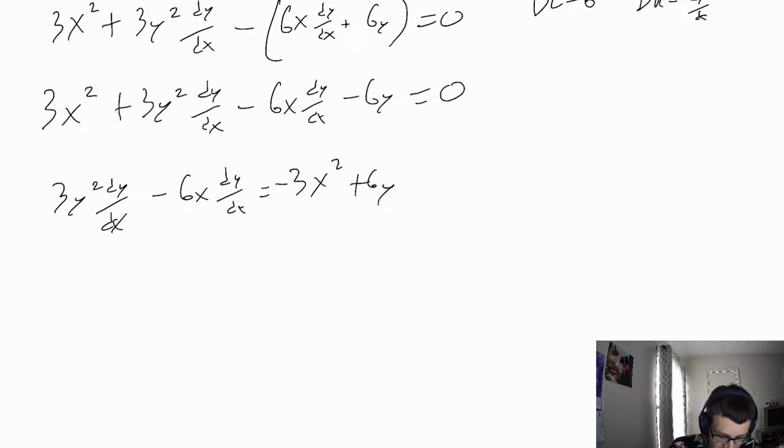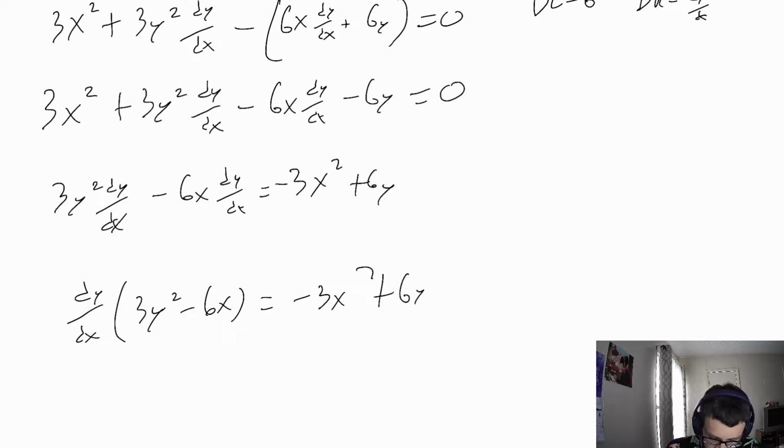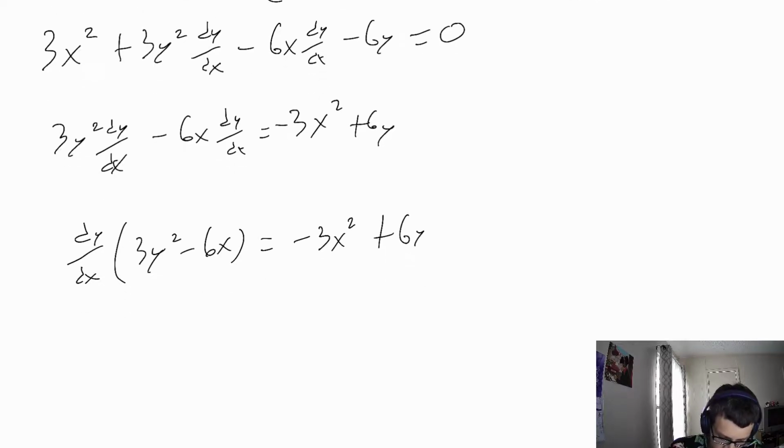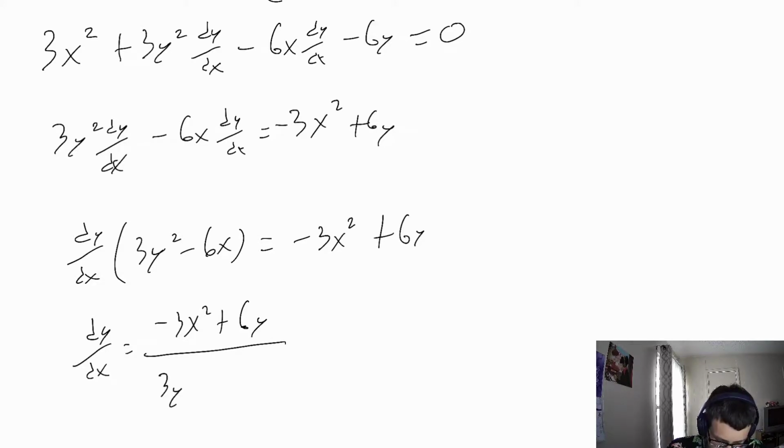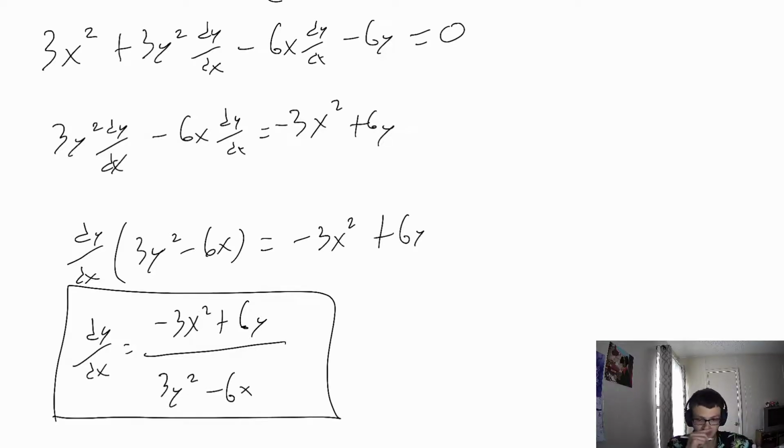We're going to factor out a dy/dx. And then we're going to divide to get finally that dy/dx equals minus 3x squared plus 6y over 3y squared minus 6x. And that's our final answer.